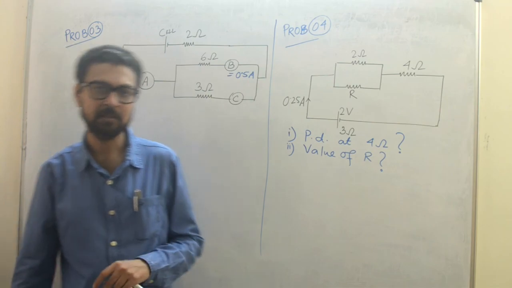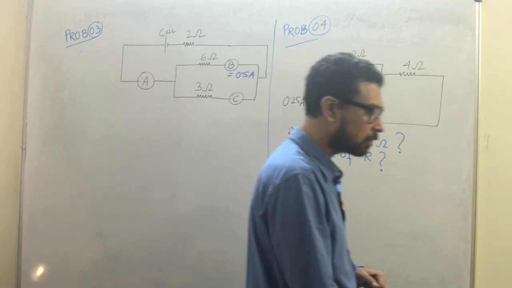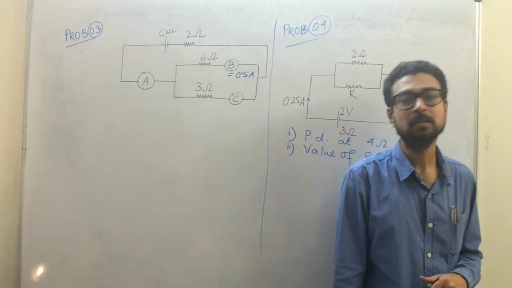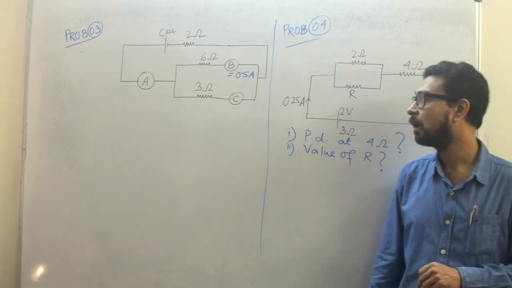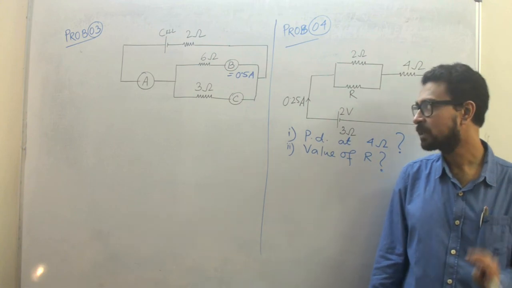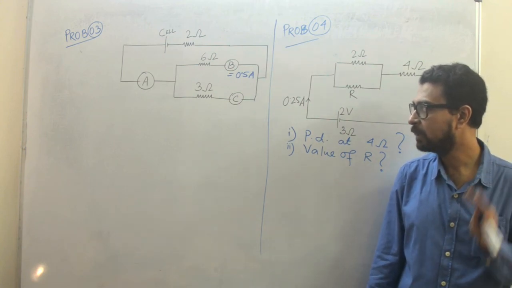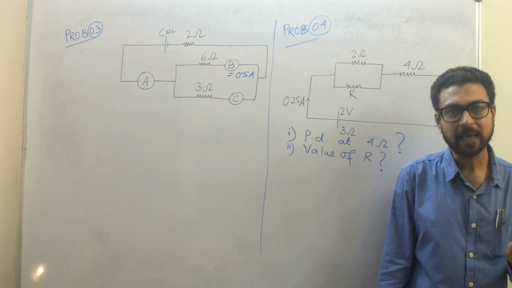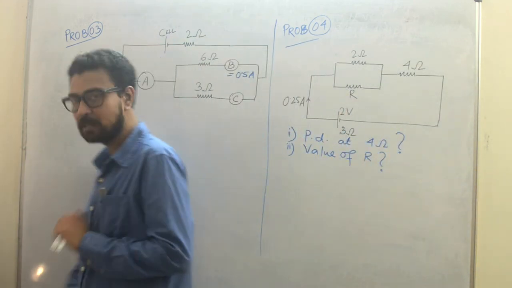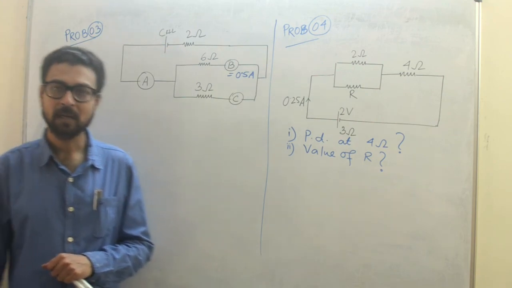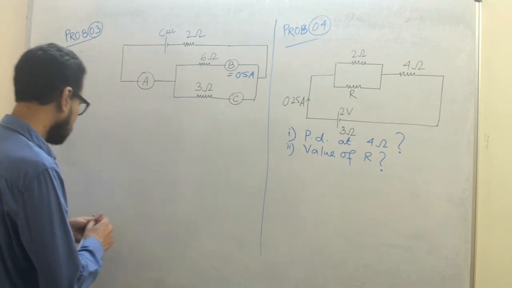They haven't mentioned anything about the internal resistance or any loss occurring in the cell, so we are not assuming any internal resistance of the cell as of now. Please write this down in your class book and let us now solve it.